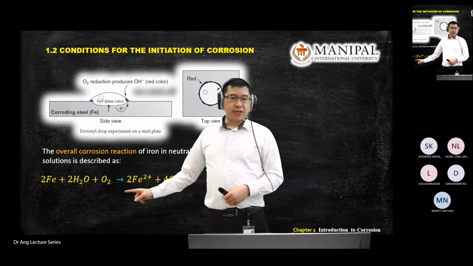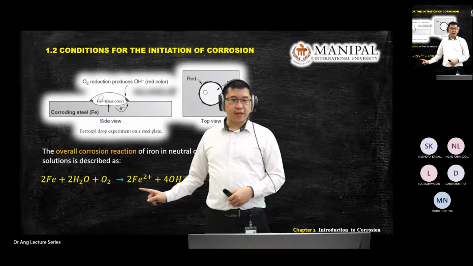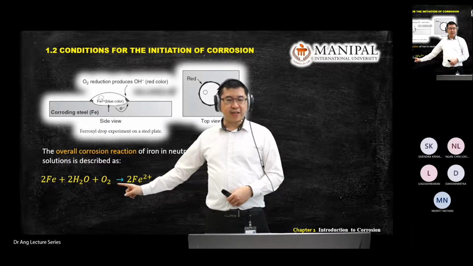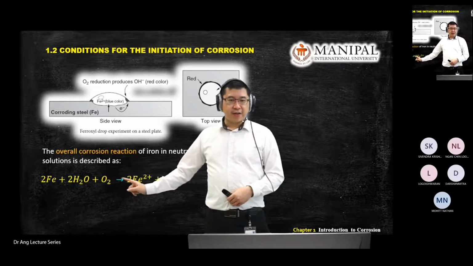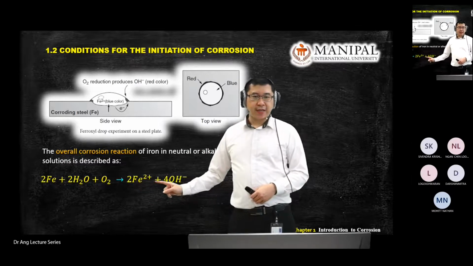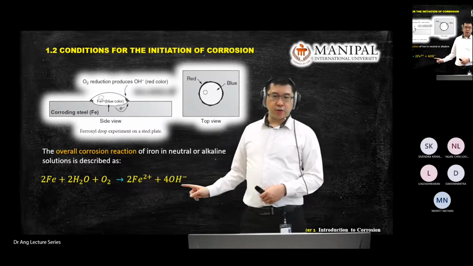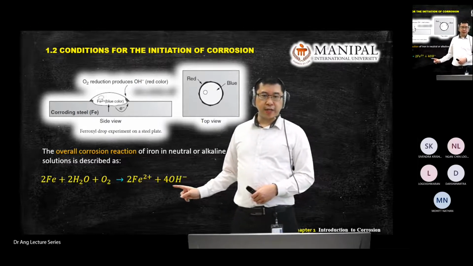And once the corrosion process initiates, you can see that the metal changes to ion 2+, and water and oxygen also change to hydroxide, OH negative.